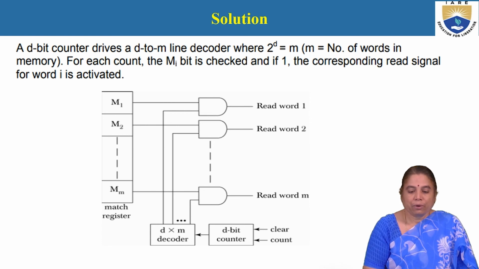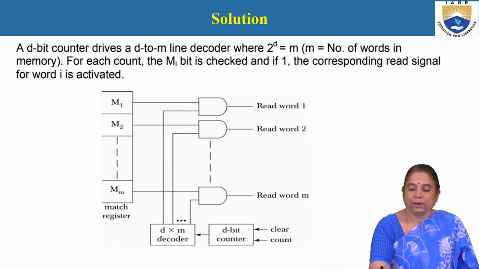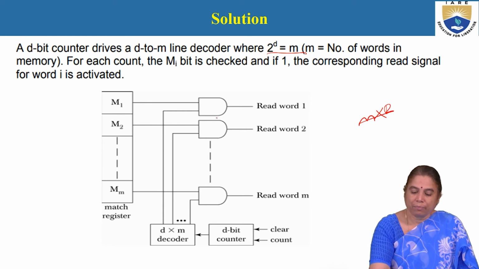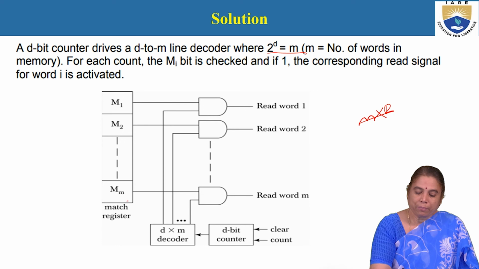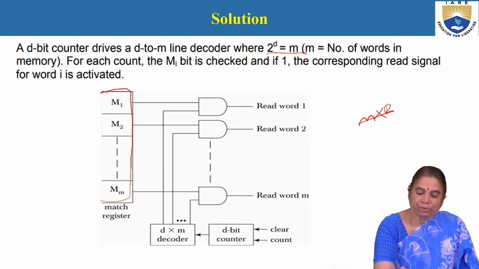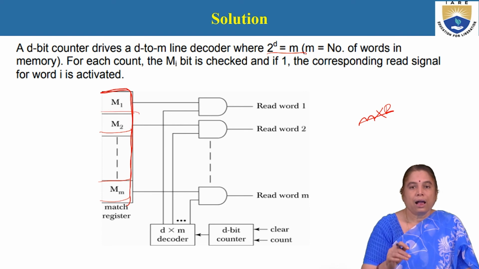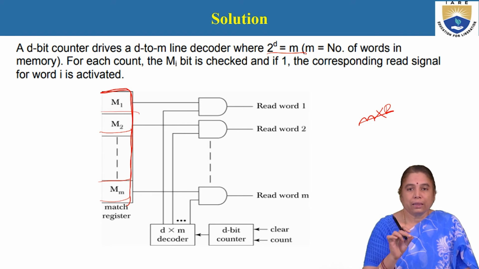A D-bit counter drives a D to M line decoder, where 2 power D is equal to M. With the help of the match logic, the M-bit match register is read with the help of AND gates. The M match register has to be stored as a vector to search each word, and it is attached to each cell of the associative memory.